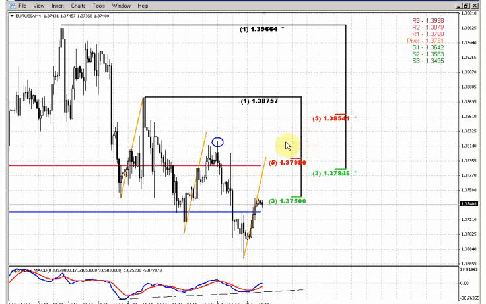Following this analysis, I would use as the target of this potential three drive mostly the lower border of the confluence resistance, somewhere around 137.85, 137.90 area, because it's just safer to take the profit slightly earlier than to wait for the market to pass through the confluence and hit this area. That could in fact not happen. That's the risk, so that's why it's better to focus on this area as the target.